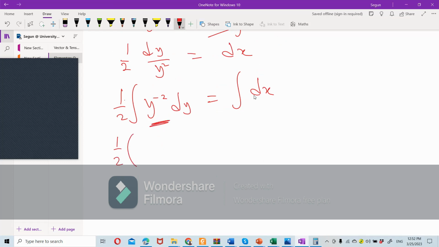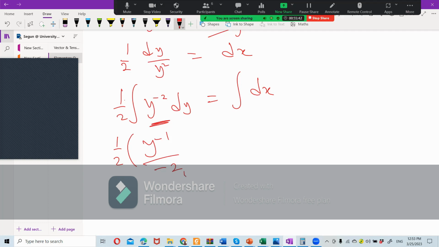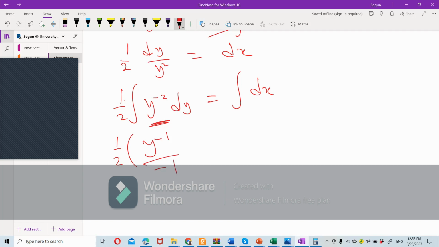Y raised to power minus 1 over minus 1. Somebody will ask, how do they get it? Look at it: minus 2 plus 1. That is integration.